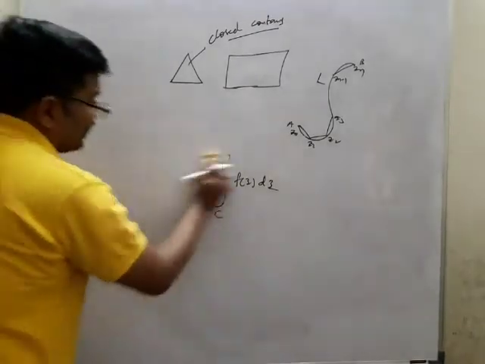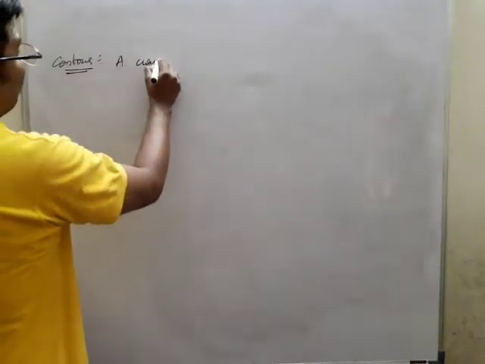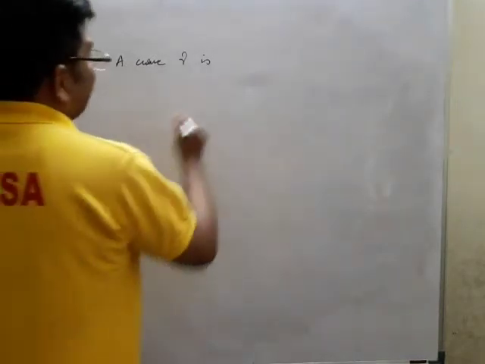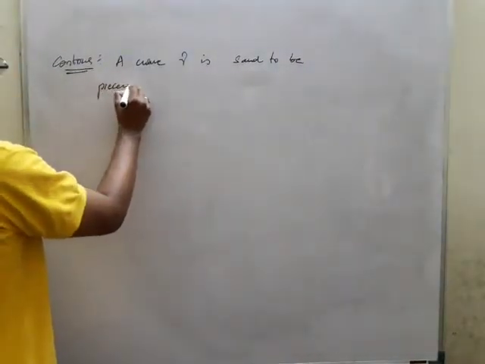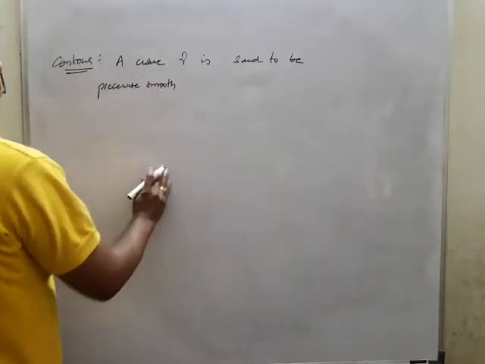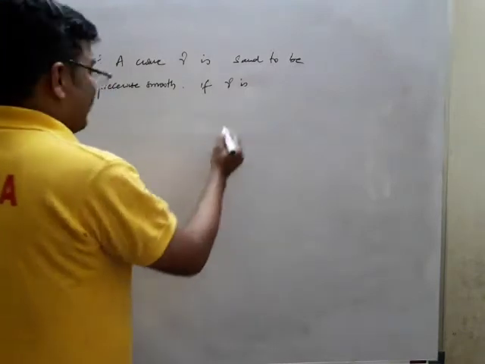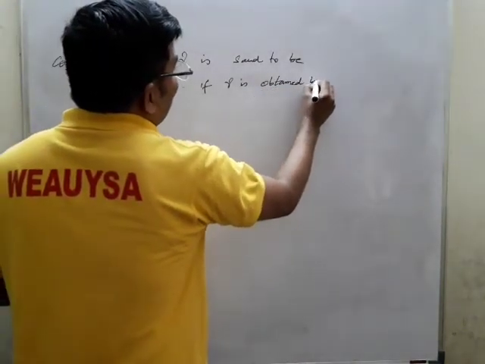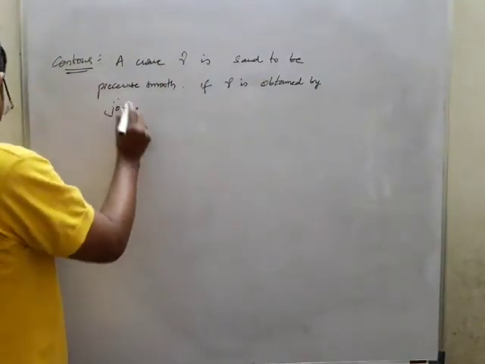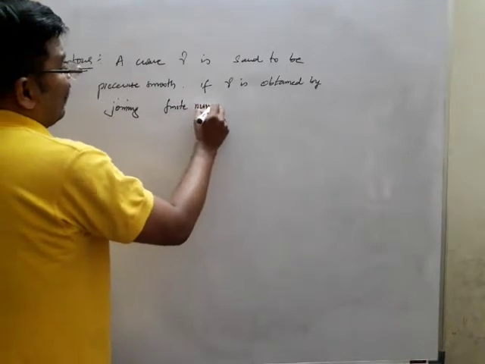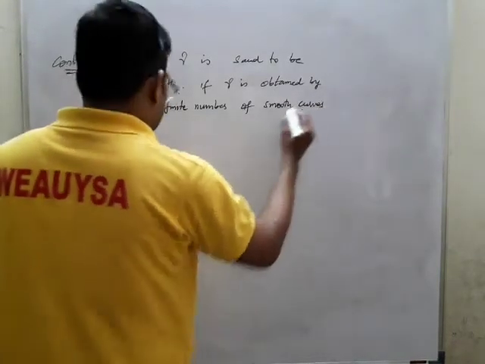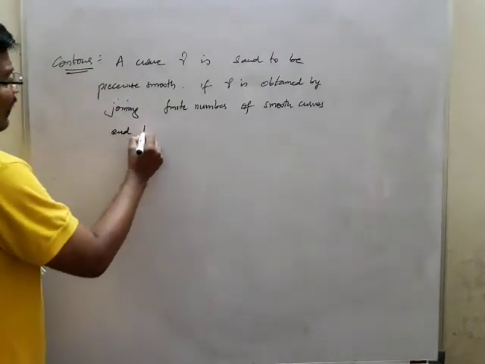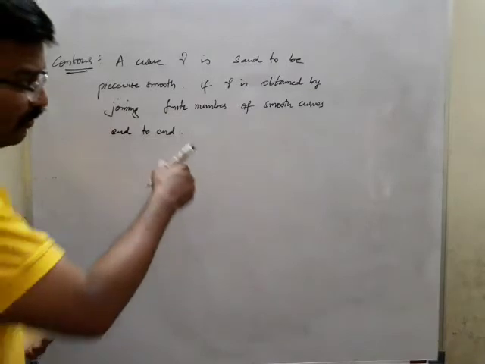So the definition is given like this. A curve gamma is said to be piecewise smooth if gamma is obtained by joining a finite number of smooth curves end to end.